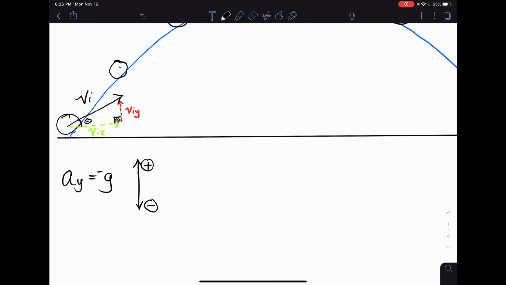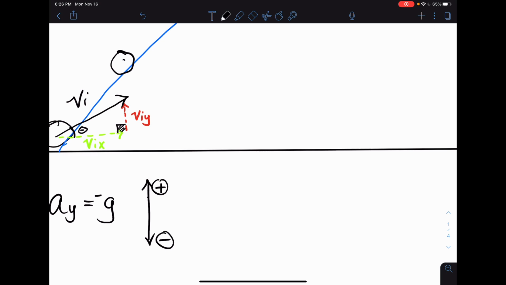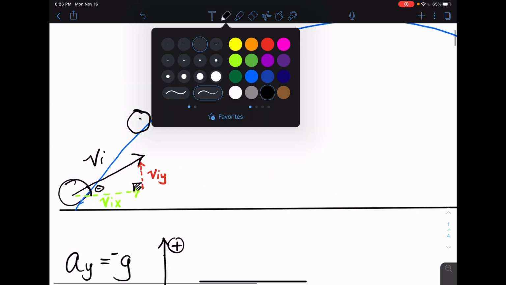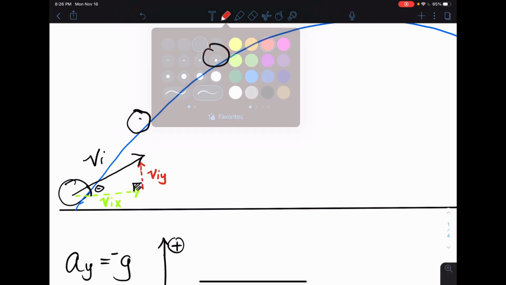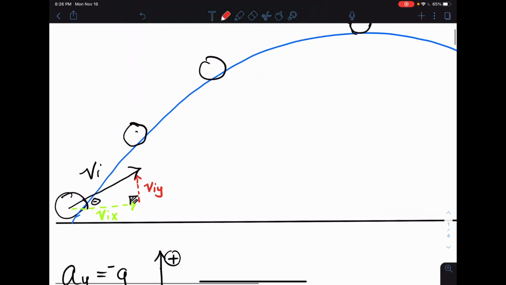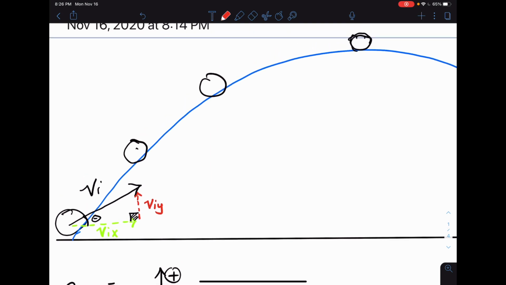All right, so this is the acceleration the ball undergoes. Because of this, the ball is actually going to be accelerating downwards the whole time. But even though it's accelerating downwards on the upwards path of its motion, what's going to happen to the velocity? Well, the velocity is going to decrease, right? So this red component is going to decrease.